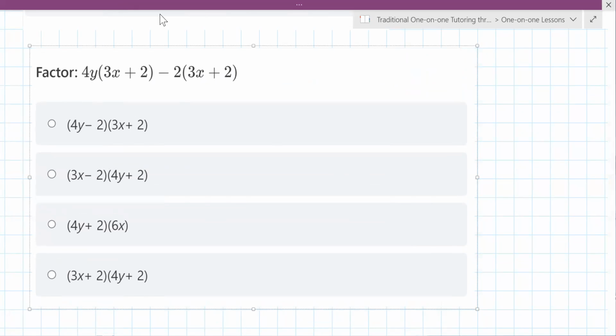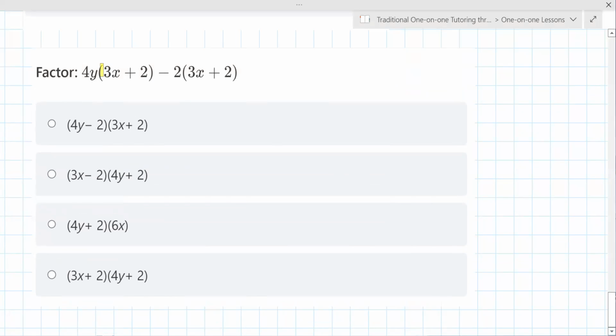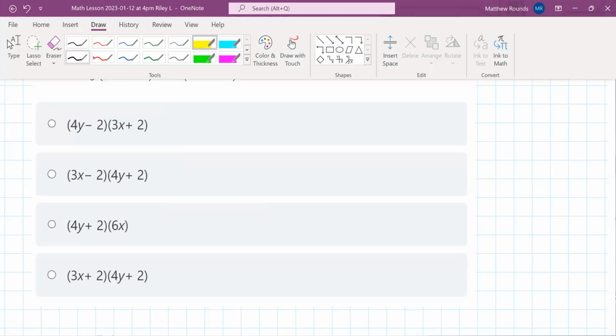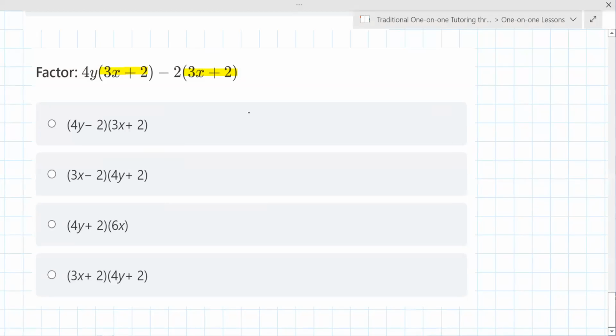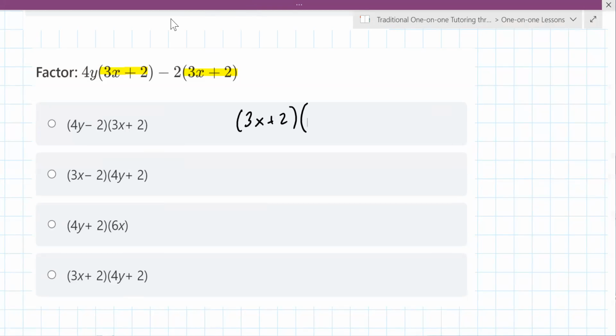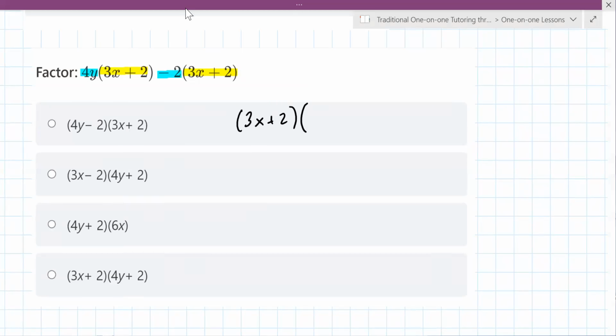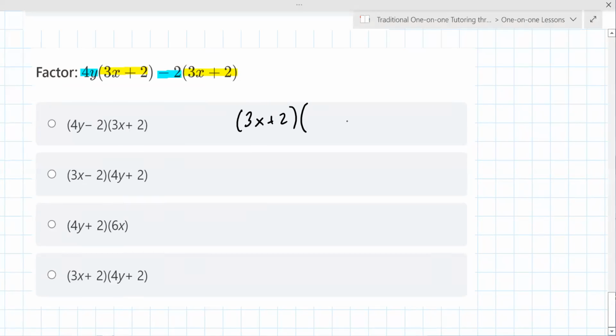Do you see right away that both of these have a 3x plus 2 in them? Yeah. So since they're both there, I'll just show you how to work through this problem. You can bring it out of both. That's the factoring part. And then whatever is left over, the stuff that you didn't factor out, the 4y and the -2, go into the other parentheses here.